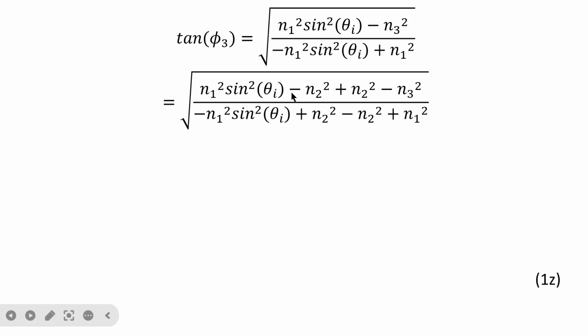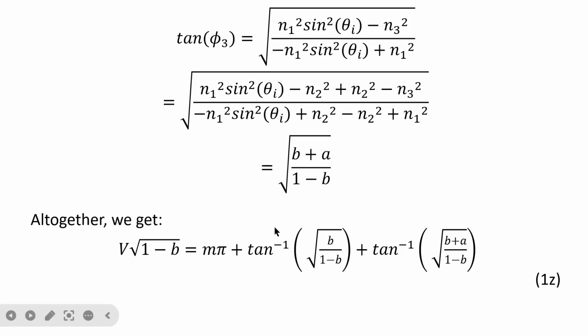And then here we go. What we can do is we start with this one here, and we divide the top and bottom by n1 square minus n2 square, and that's what we get: square root of a plus b divided by 1 minus b.